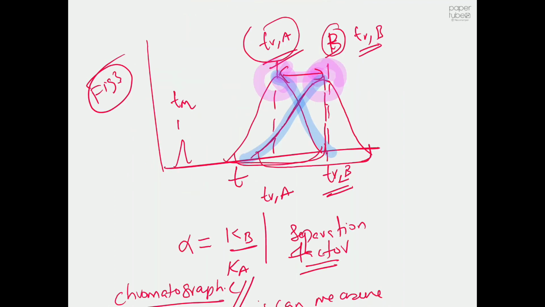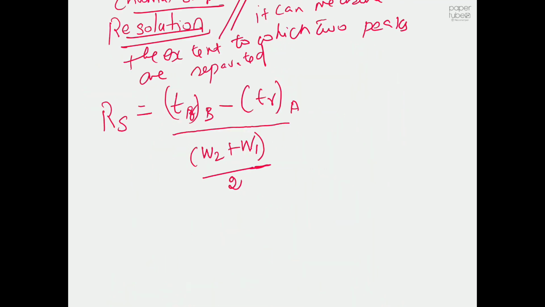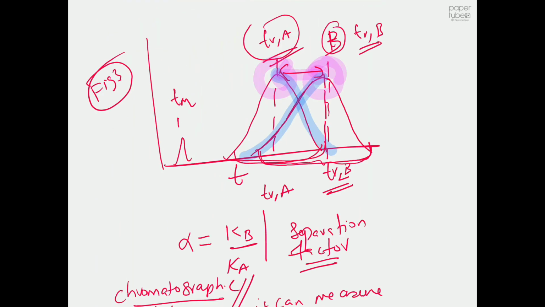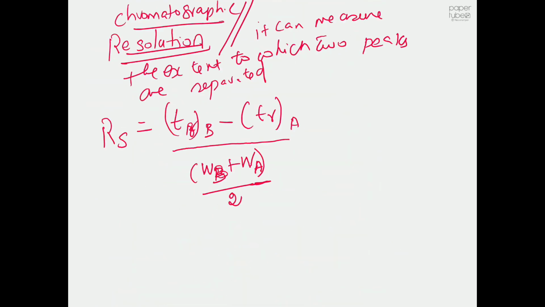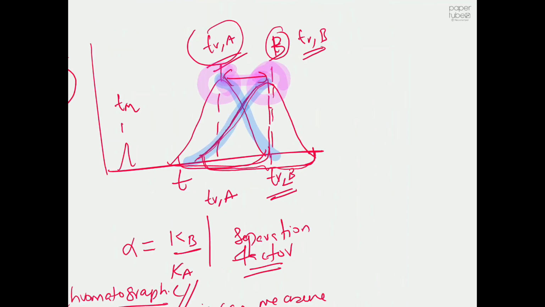So what is this W2? WB is the width of the peak that corresponds to your molecule B, and WA is the width of the peak A, or the width of this Gaussian distribution curve that corresponds to your molecule A. So I hope you all can understand up to this point.